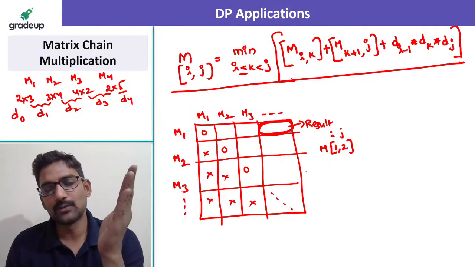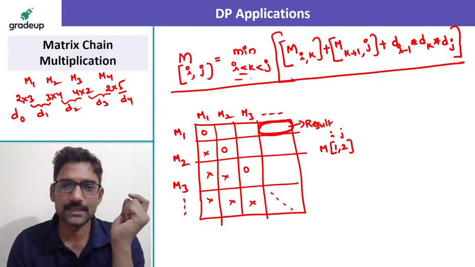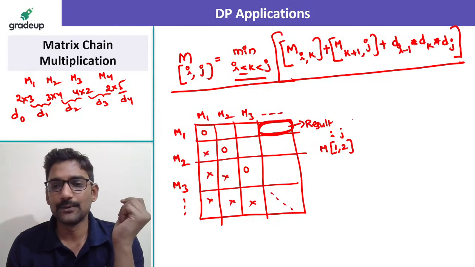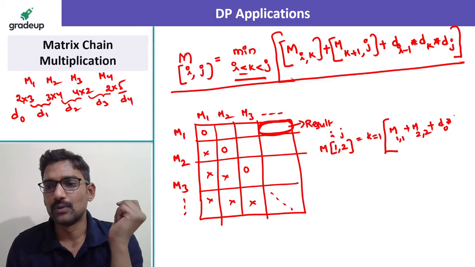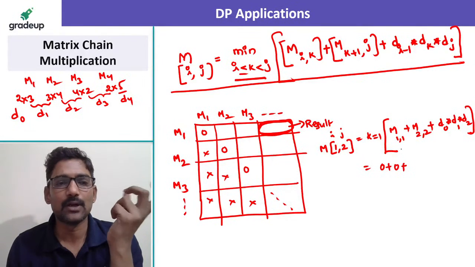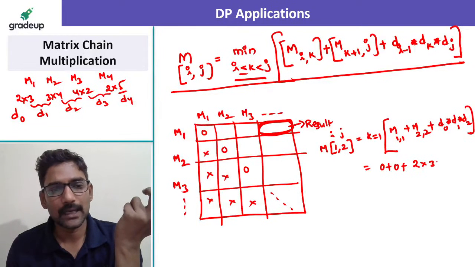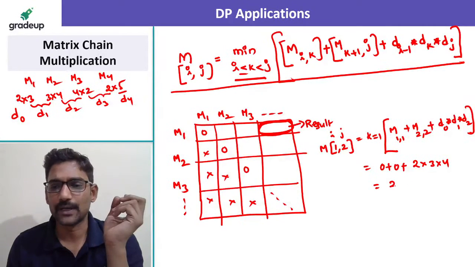K can be equal to i or greater than i, but should not be equal to j. You understand this relation. So what is the k value? K is equal to 1. Only one possibility. So it says number of multiplications for M11 plus M22 plus D0 into D1 into D2. M11 is 0, M22 is 0, D0 is 2, D1 is 3, D2 is 4. So this is 2 into 3, 6 into 4, 24.